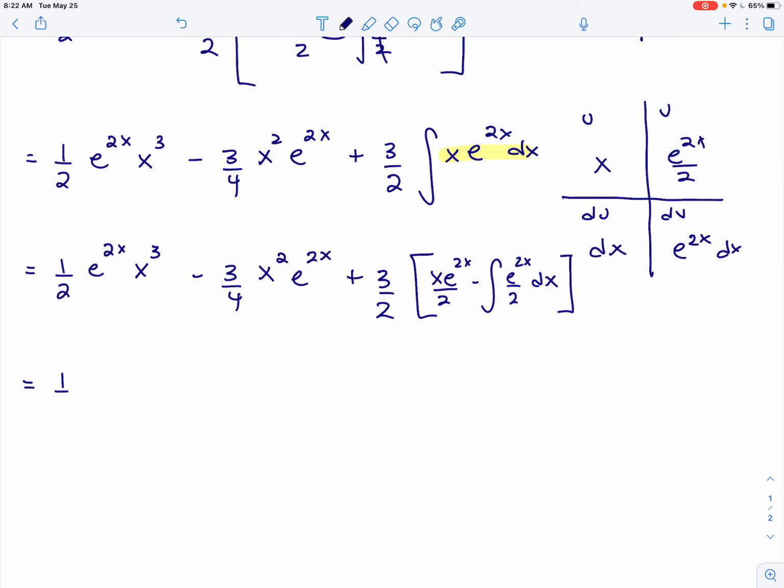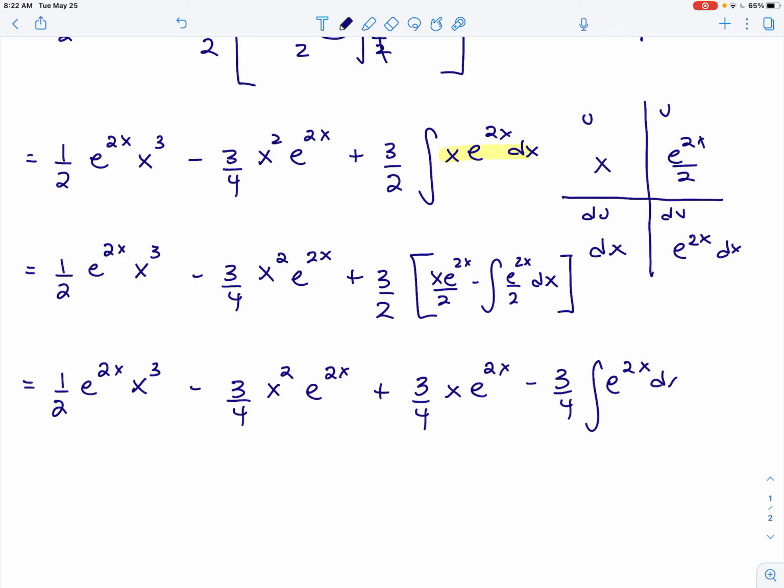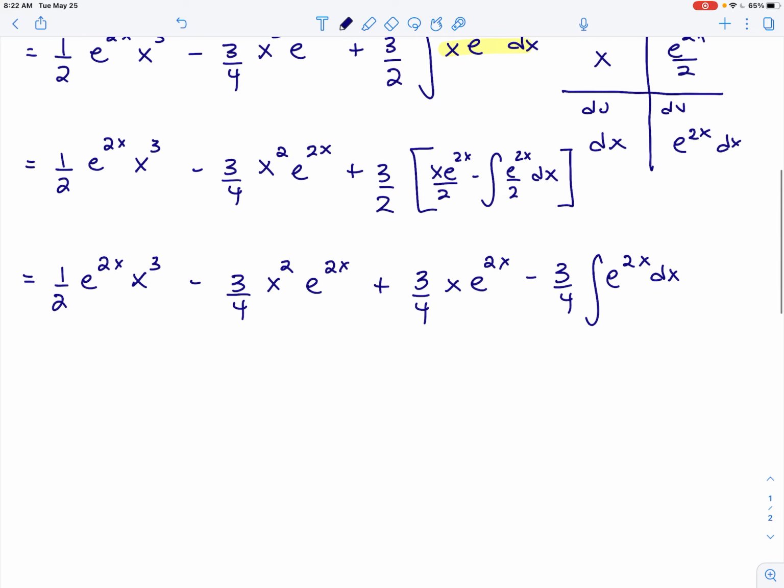Okay, and I'm almost done. So 3 over 4 x e to the 2x minus 3 over 4 e to the 2x dx.